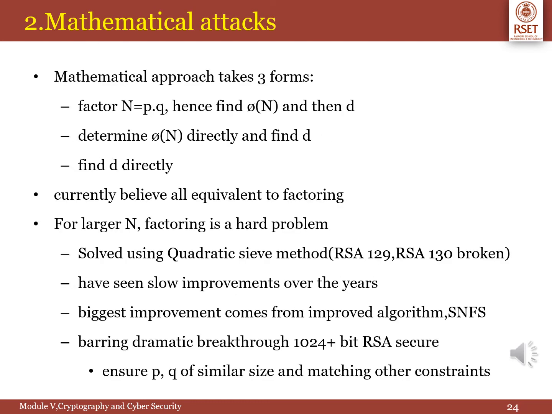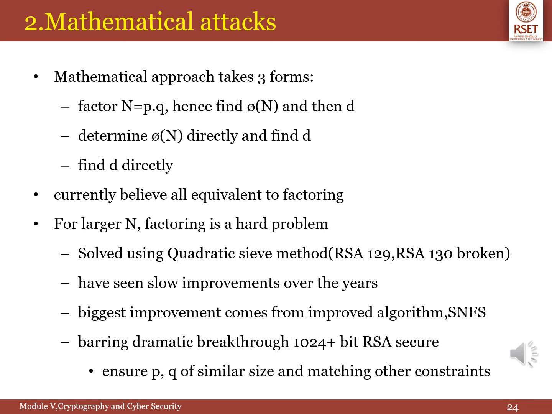The next main attack which is possible on the RSA crypto system is a factorization problem. It's a mathematical attack. We can identify three approaches to attack RSA mathematically. First, factor n into its prime factors. As we all know, n and e are made public.